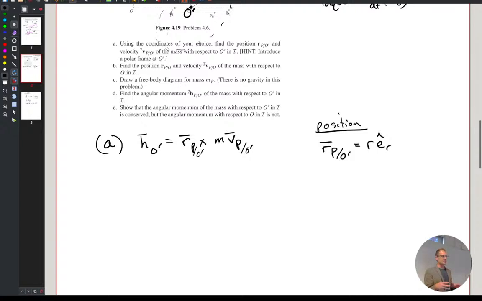Like a little less stuck at least, because at least we have something to grab onto. What does velocity look like? There's going to be something along that e_r, something along e_theta. What are those? Like how fast?